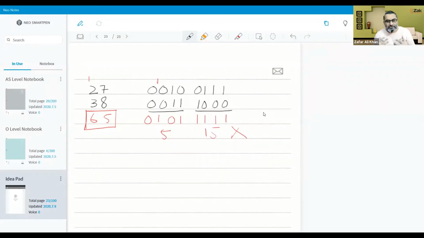So how do we overcome this error situation in BCD? We have to complete this calculation. We take this answer 0101 and 1111. The first BCD does not have an error, since 5 can be represented, but this is 15, which cannot be represented.